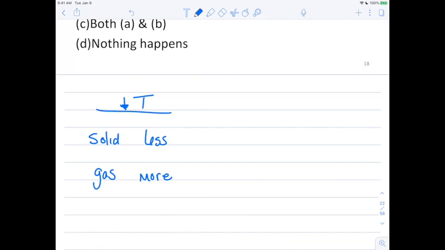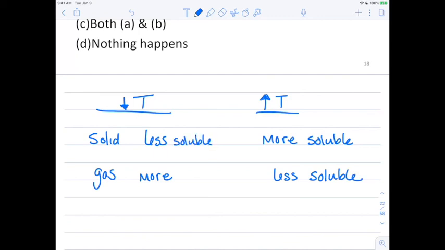Just to finish out this table, if we increase the temperature, this is when the solids get more soluble and the gases get less soluble. All right.